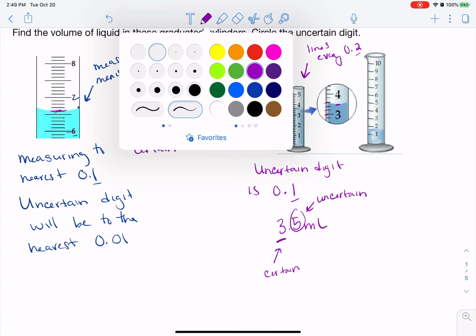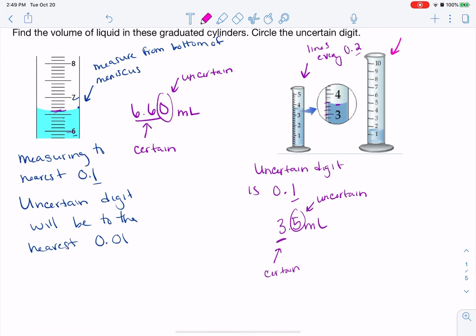Let's look at the last one over here. This one only measures to the nearest 1. So that means our uncertain digit is the nearest 0.1. Okay, so let's look at this line here at the bottom of the meniscus.